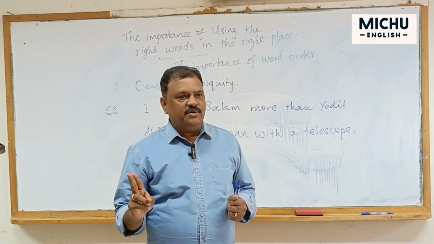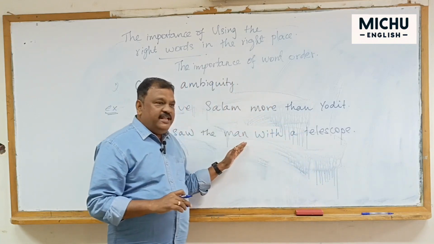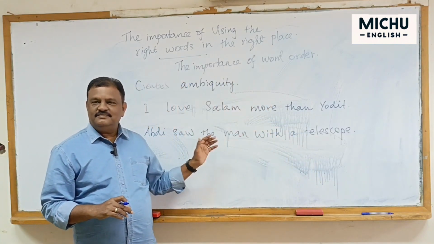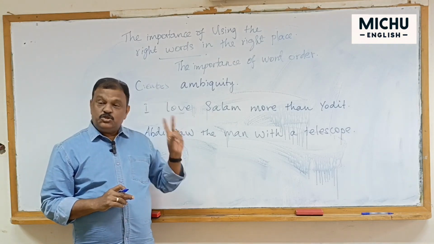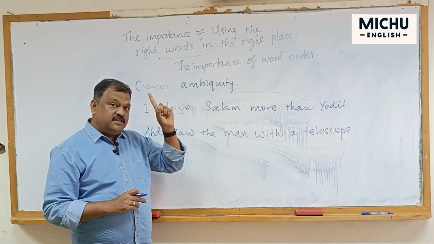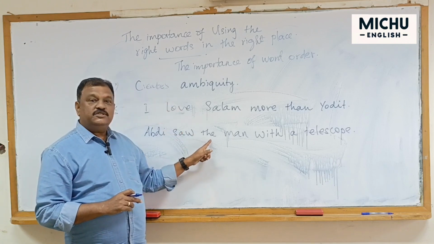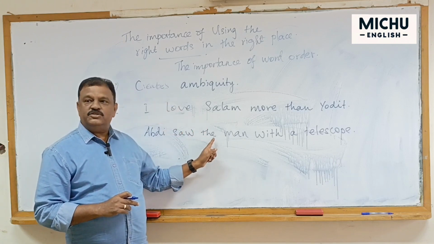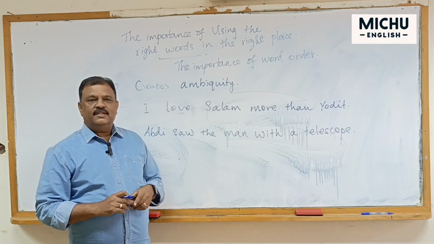You got it or no? So this is the meaning here. There are 2 meanings. We saw 2 meanings in one sentence. Again, we saw 2 meanings in this sentence also. Got the point?